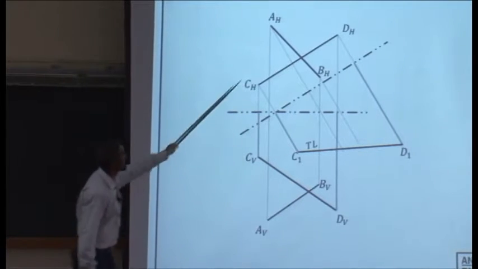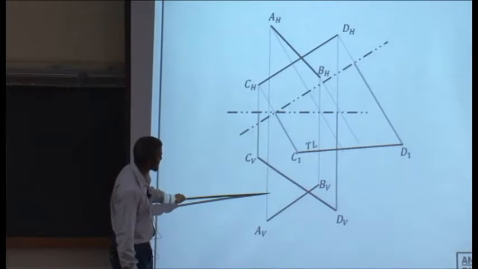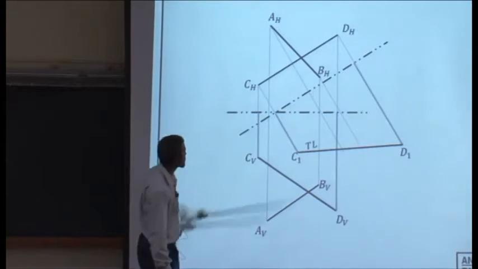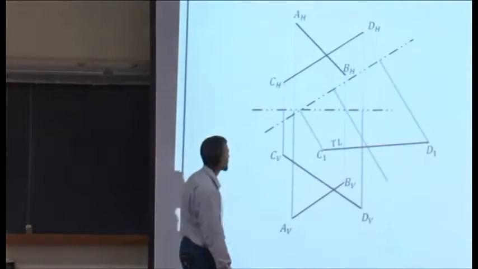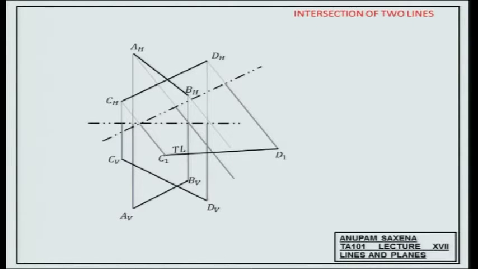This view is common, so I measure distances from here and transfer them over here. I take this distance, measure it over here. This is my A1, for example. I take that distance, transfer it over there. That is my B1, and that is the corresponding projection of A1 B1.